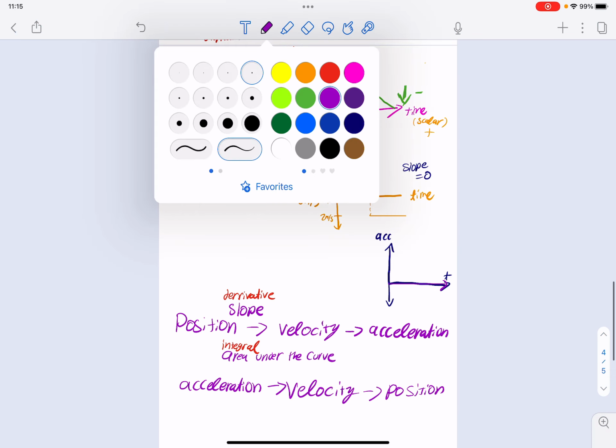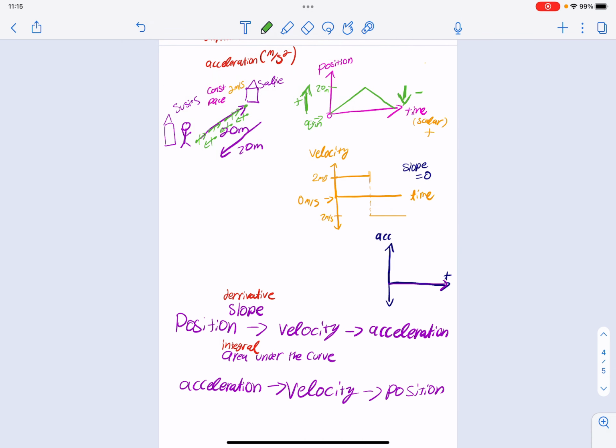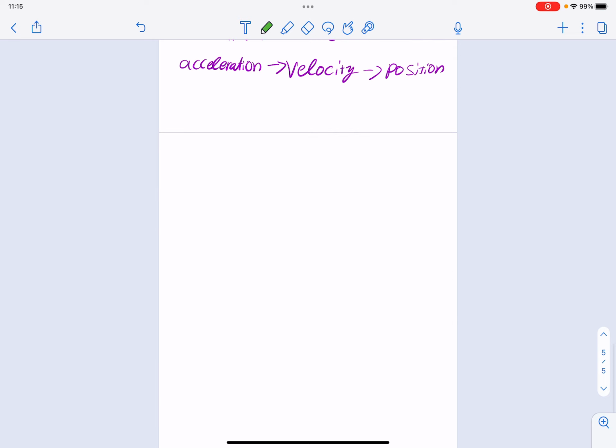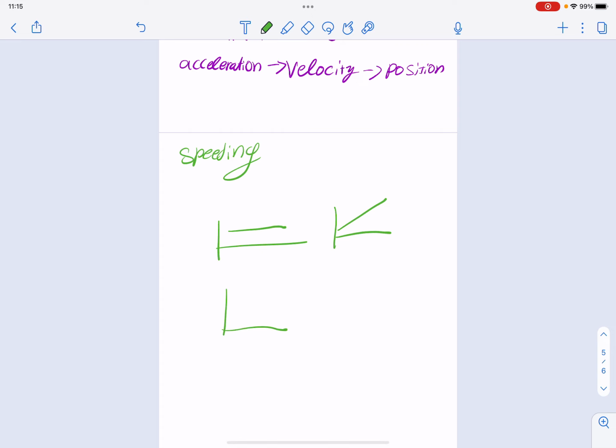Now, if I say that something is constantly speeding up, think about a graph of something that's speeding up. Would it be a flat line? Would it be increasing at a constant rate, or would it be increasing exponentially?